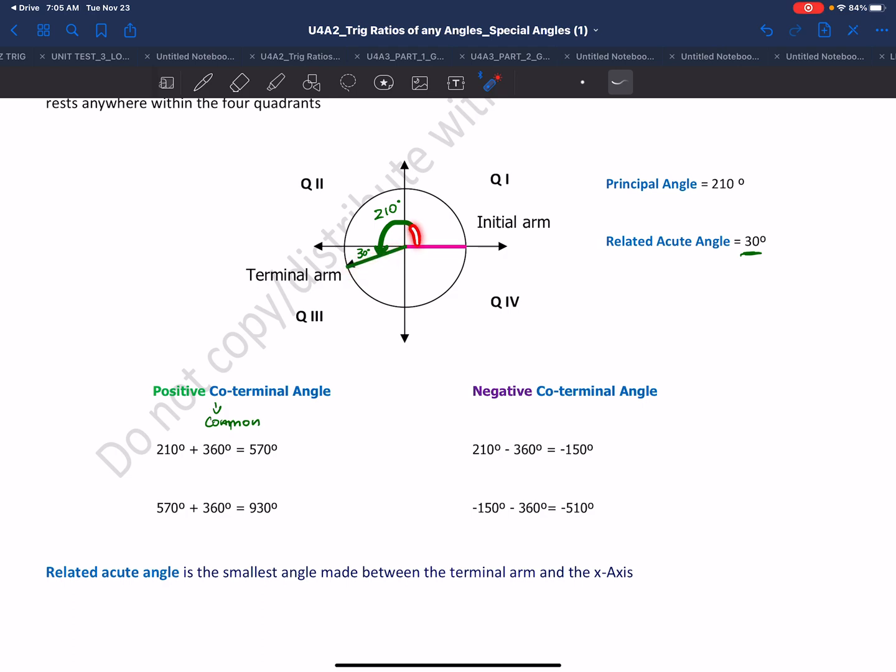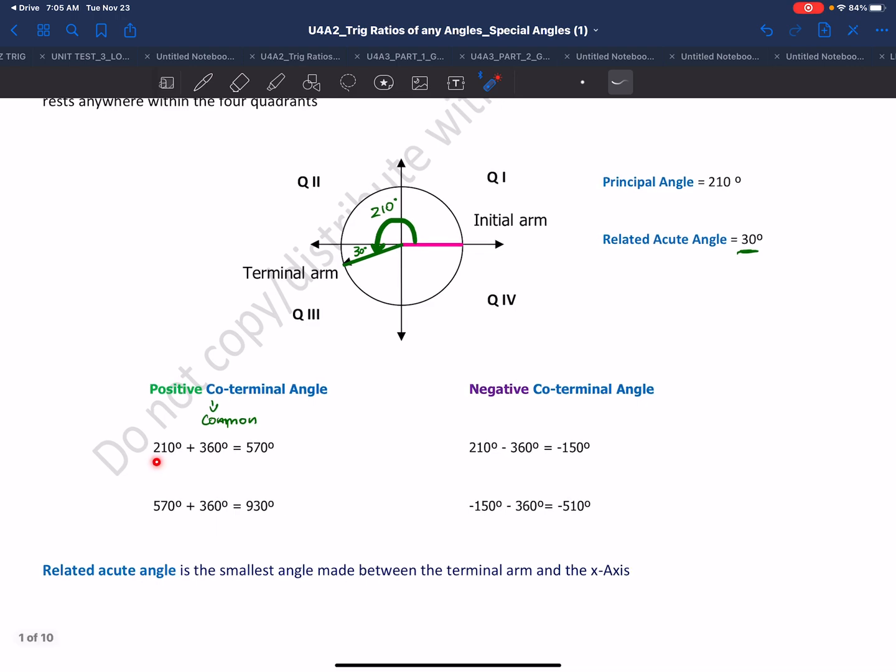A positive coterminal angle is created by going around the circle another rotation, or another 360 degrees, or another 2 pi. So to build a positive coterminal angle, you simply add 360. We can build as many positive coterminal angles as we wish, so we just have to keep on adding 360.